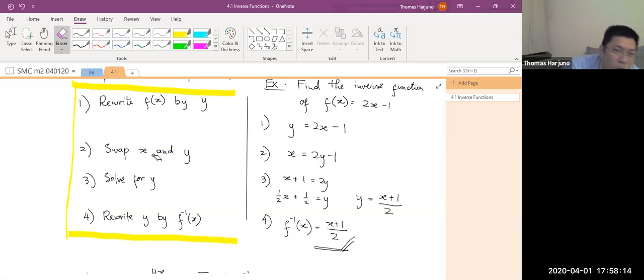So everything related to y becomes related to x, and everything related to x becomes related to y.